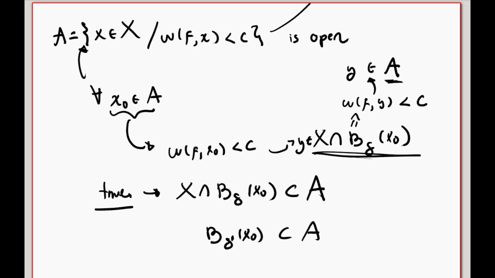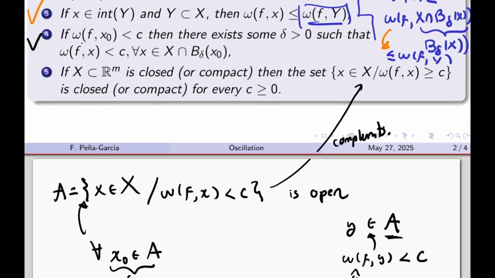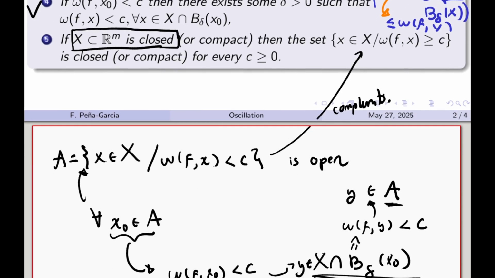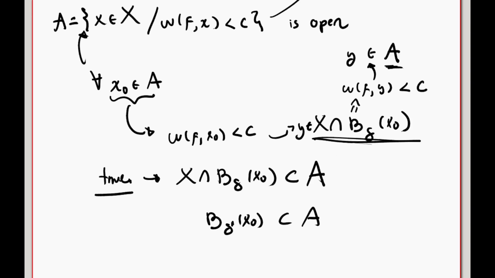So to do this, we need to use that other property that we haven't touched, that the whole X is closed. We haven't used that property until now, so it's a good moment to do it. And since X is closed, then we may as well use some topology, so let's forget about this.